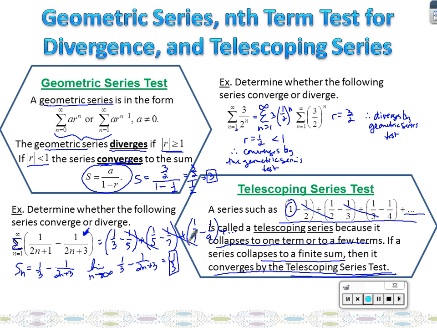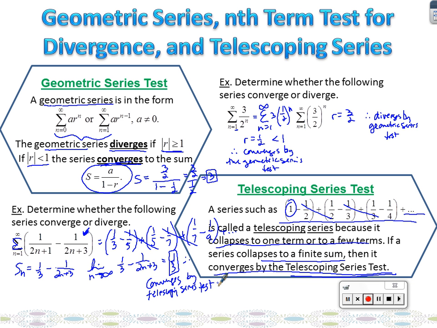So we would say, therefore, it converges by the telescoping series test. So now we have 2 tests on our belt. We have geometric series test and telescoping series test.